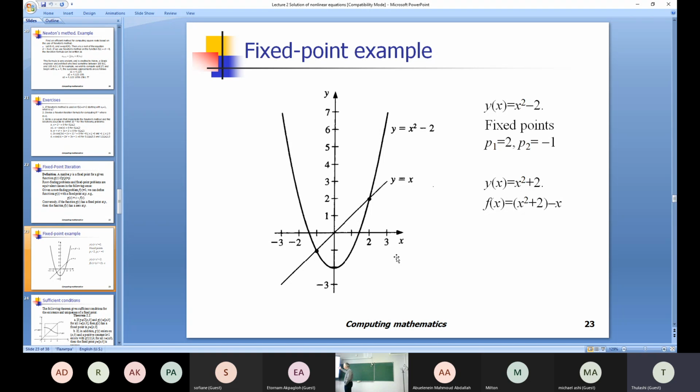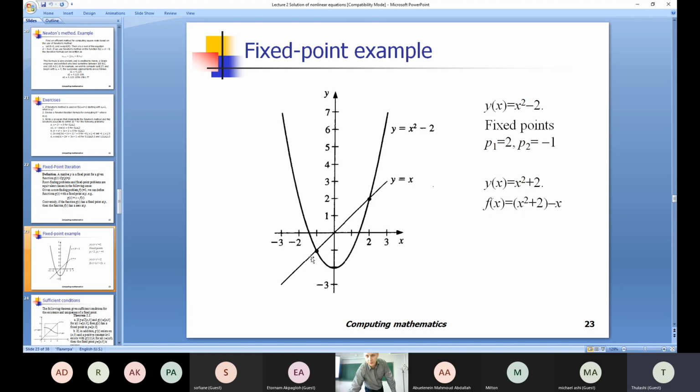And the graphical interpretation of fixed points is points of intersection between the graph of the function and the line y equals x. So this is a graph of the function x squared minus 2, a parabola.